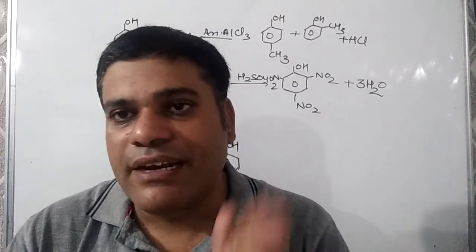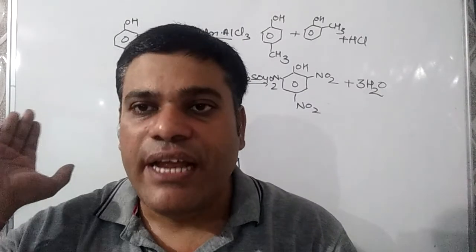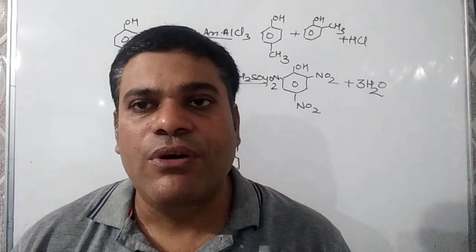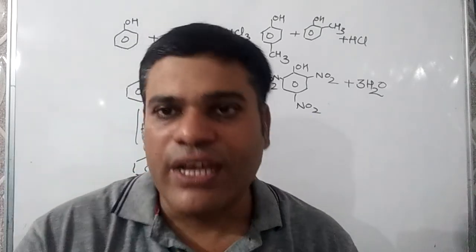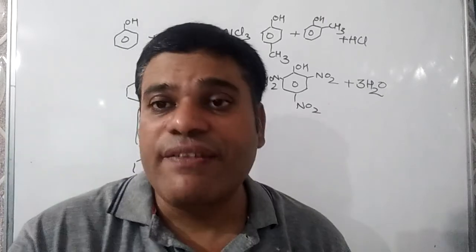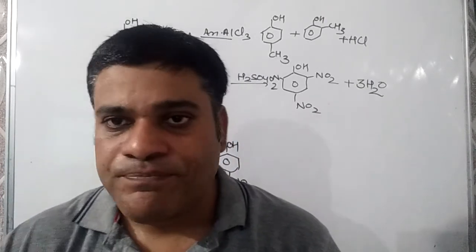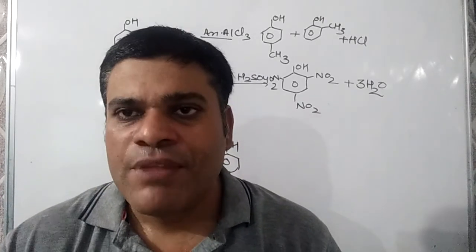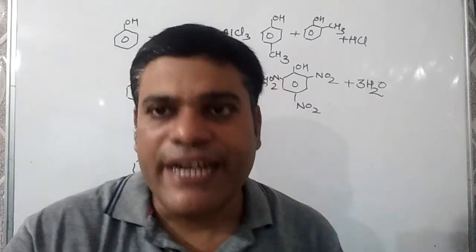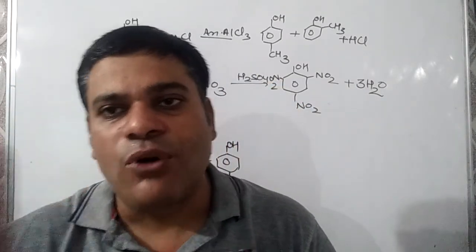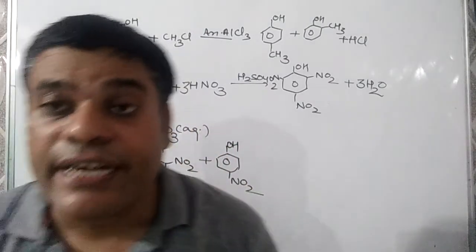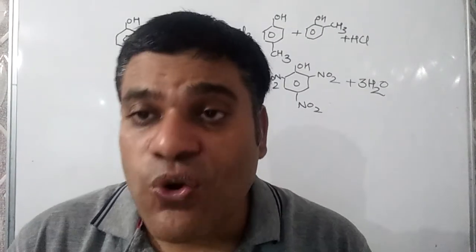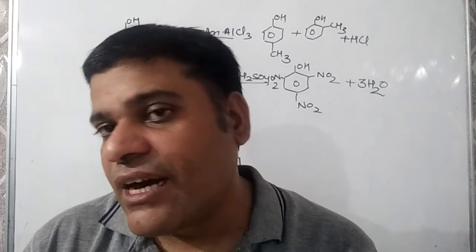Why? The reason is that intermolecular hydrogen bond is stronger than intramolecular hydrogen bond. Next might be that the solubility of para-nitro is more than ortho-nitro. The reason is the same, because intermolecular hydrogen bond is stronger than intramolecular hydrogen bond.